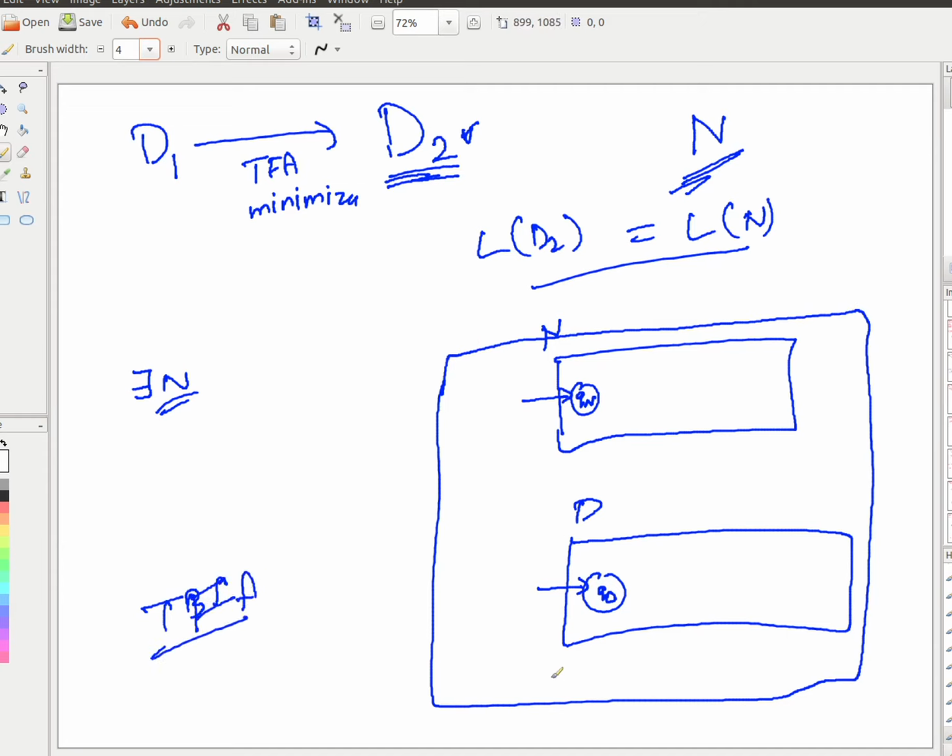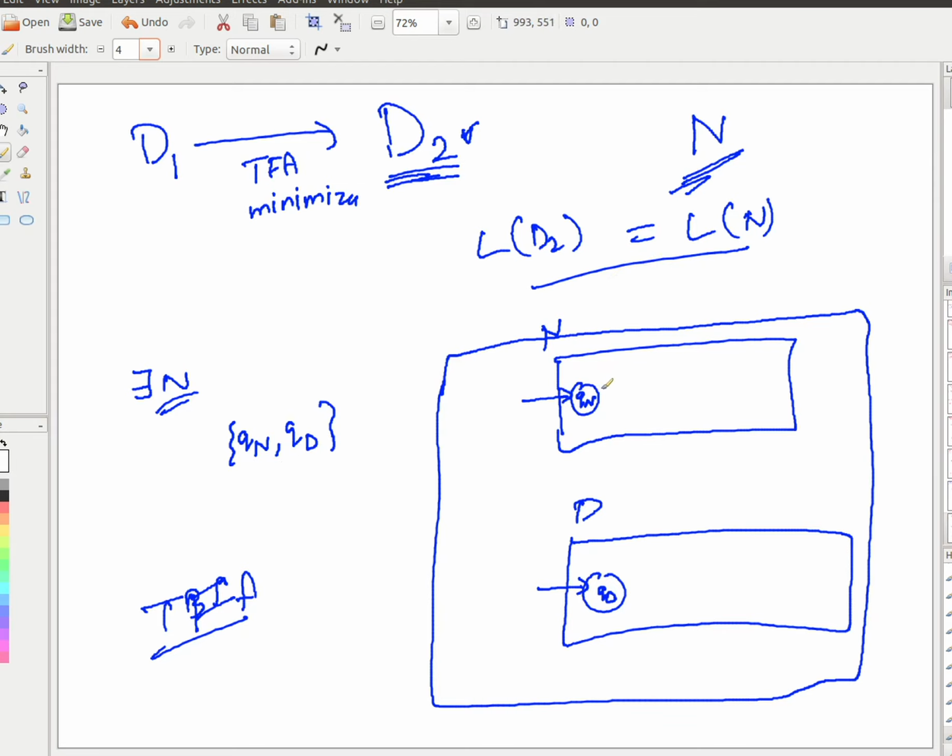Once you run the table filling algorithm for these two machines together, what are you going to see? Certainly you will realize that the tuple Qn and Qd are equivalent. Correct? Is it clear or not? Because the languages are the same, they cannot be distinguishable.